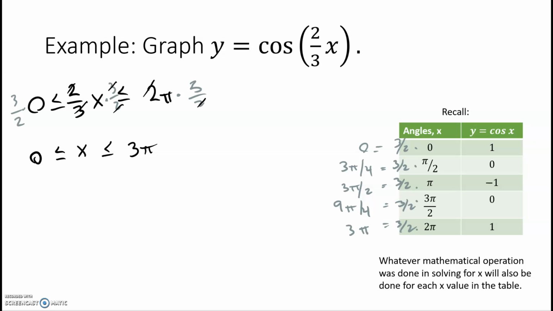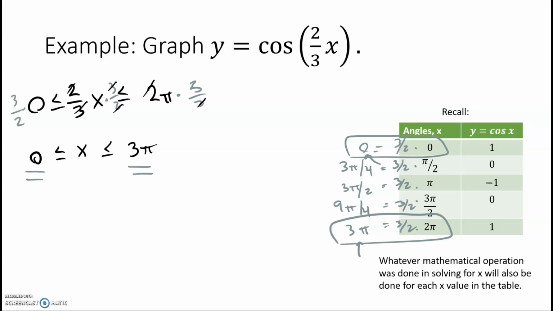Notice how this first one and this last one are the exact same as the first and last here. So those x values go between 0 and 3 pi.